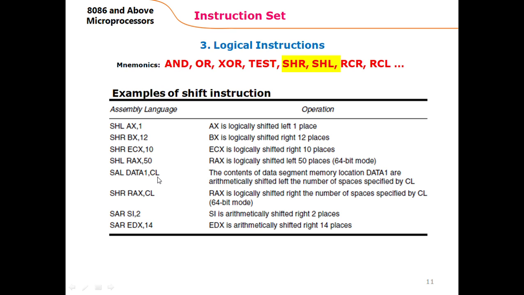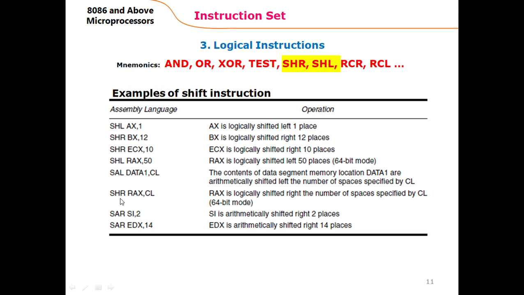This CL register has a value, for example, the value in this CL register is 15. Then the content of this memory location is left shifted by 15 places. So this CL provides the number of places to be shifted for the value in this memory location.